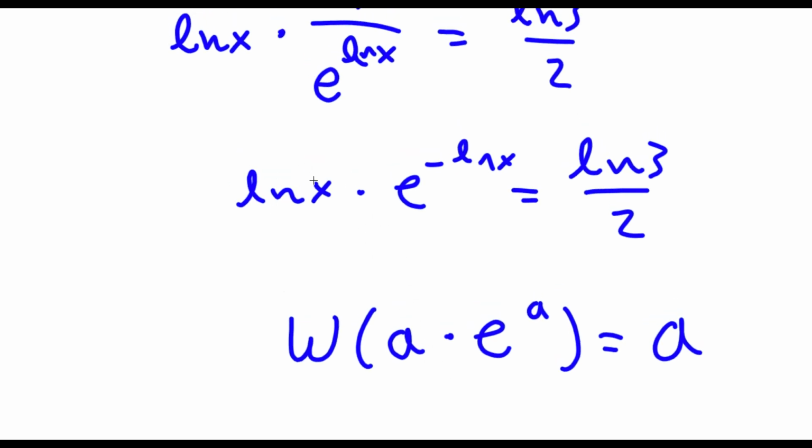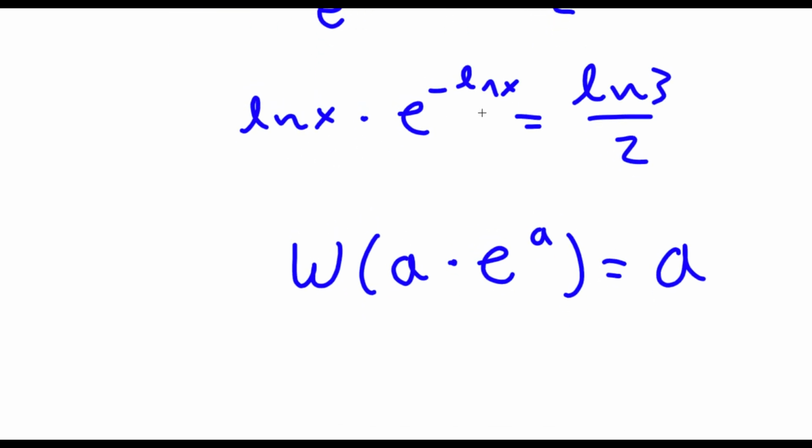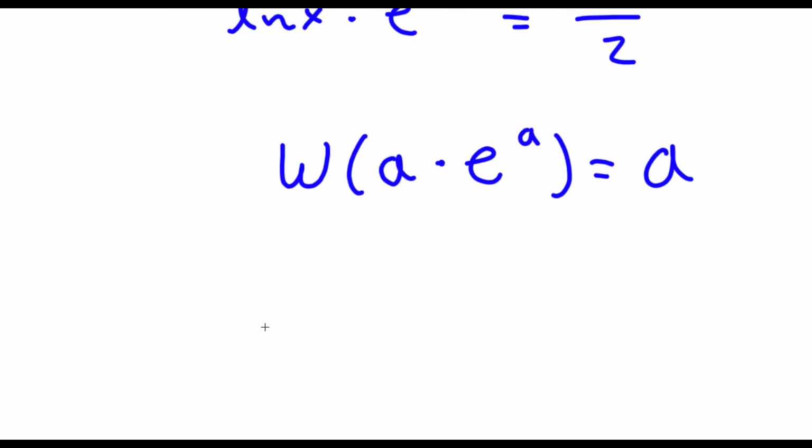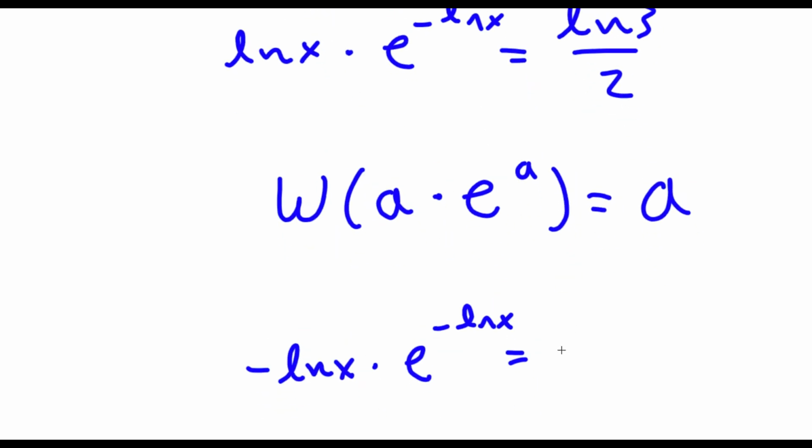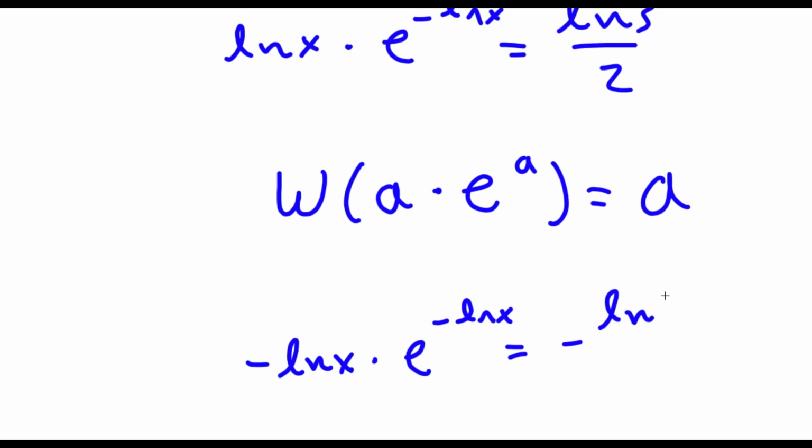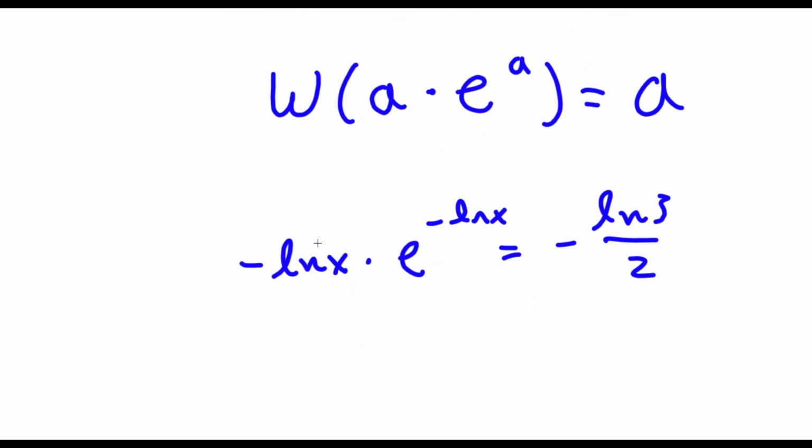So in this case, as you can see, we have ln x and we have negative ln x. And to use this property, these two need to be the same. So what I'm going to do is multiply both sides by negative 1. So now I have negative ln x times e to the power of negative ln x is equal to negative ln 3 over 2. And now, as you can see, both a's are the same.